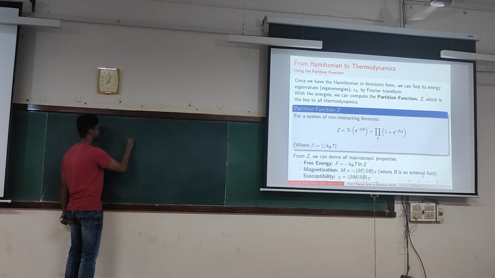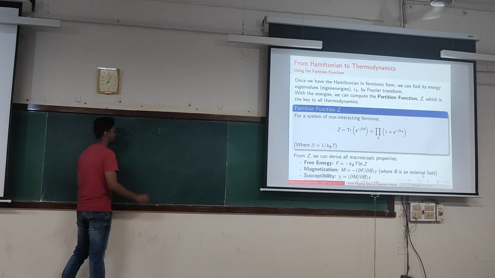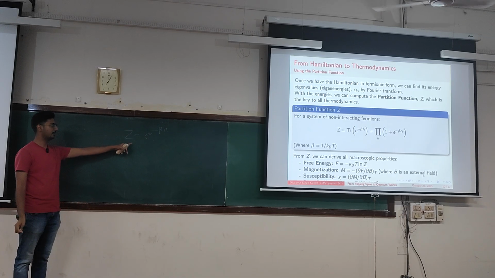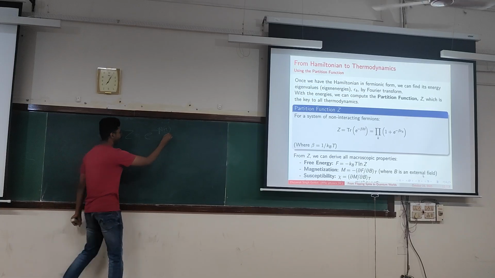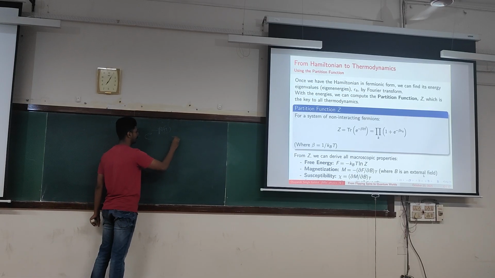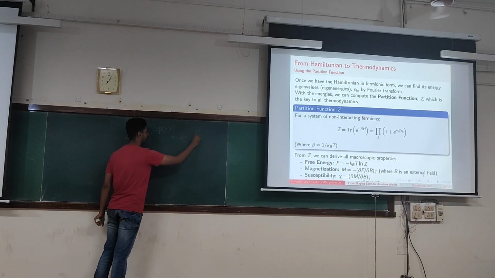So Z equals e to the power minus beta H. What this partition function tells is, this is the energy, so it will basically be minus H upon kBT.